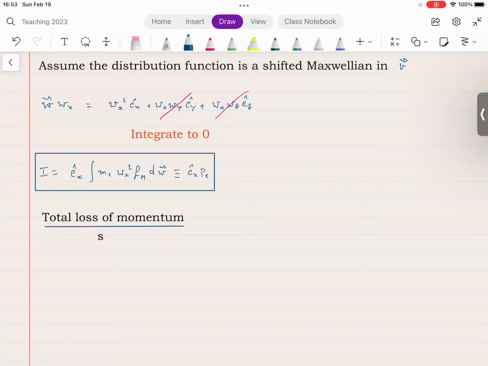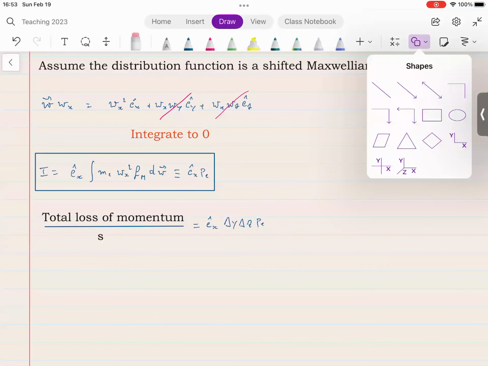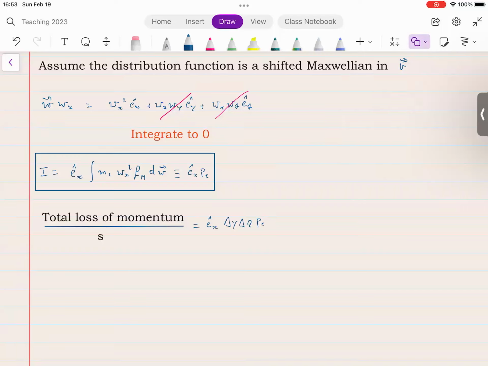That's going to be equal to what we just calculated times the surface. That is, it's going to be momentum lost in the x direction, and the amount that is lost is going to be equal to delta y delta z times the electron pressure calculated at x plus delta x over 2.